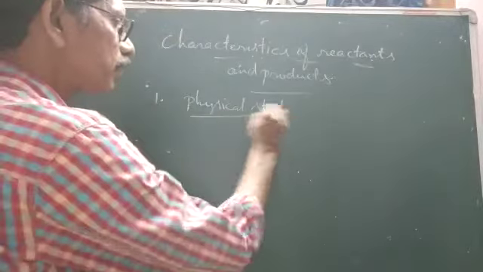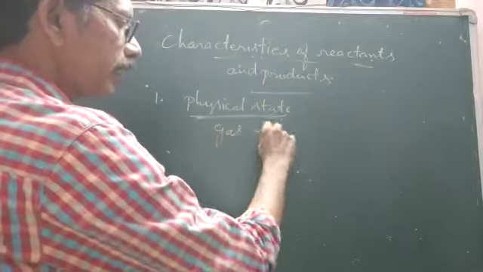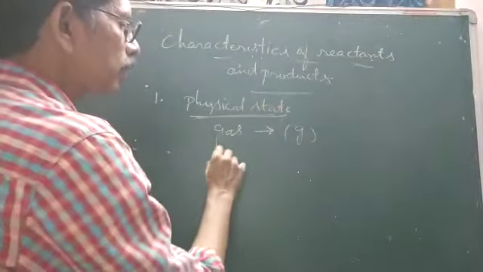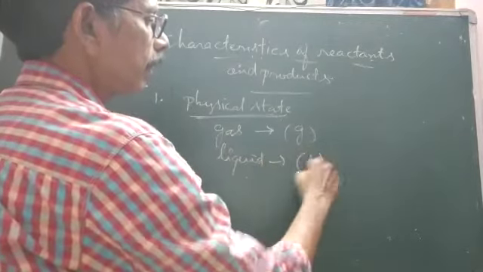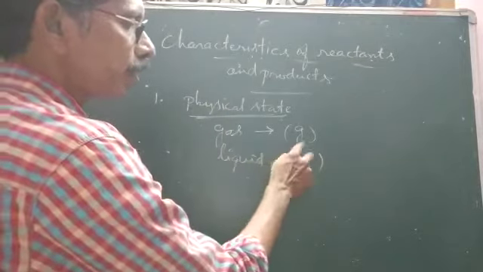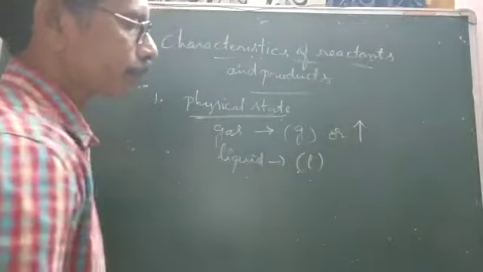For example, gas is expressed as G like this. Suppose it is a liquid, L. Gas means G, or we can write it as an upward arrow.